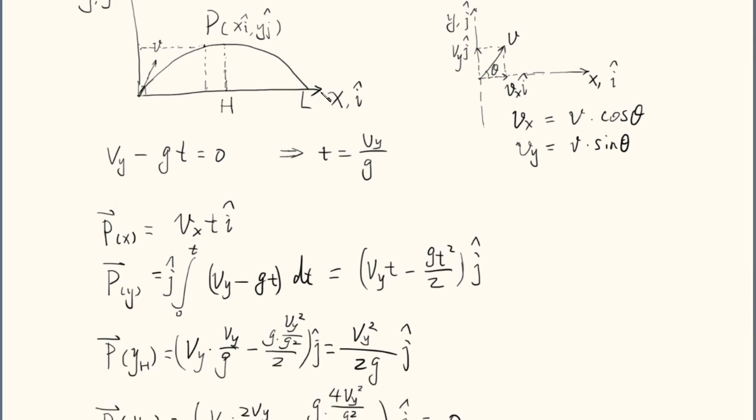That is the distance traveled on the horizon. This is a vector.